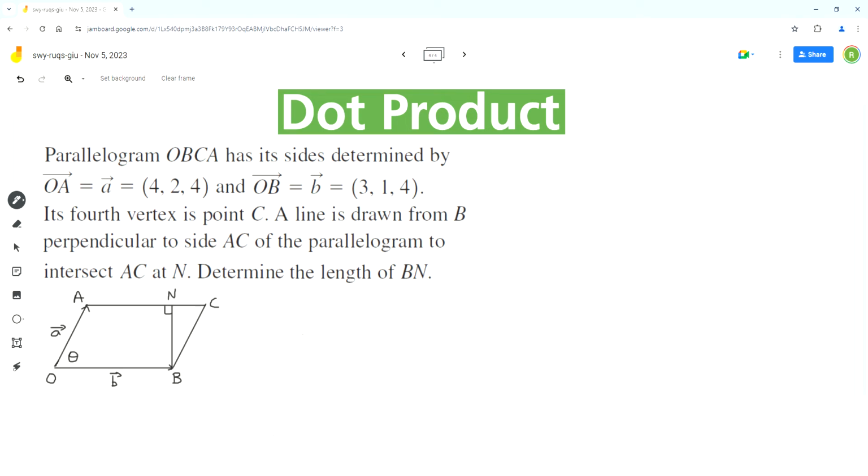The dot product equation is... we are given vectors A and B, so we can find their magnitude. So let's start with the magnitude of vector A. We should square the components of vector A, add them and apply square root to the sum.